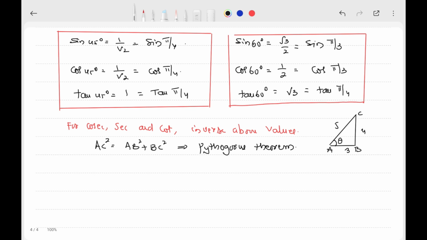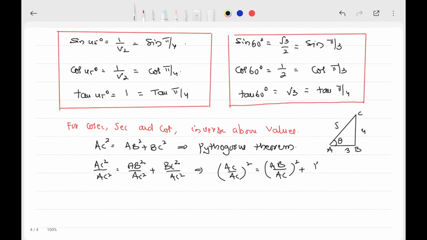Divide left hand side and right hand side by AC square. What happens? AC square by AC square is equal to AB square by AC square plus BC square by AC square. That implies AC by AC whole square is equal to AB by AC whole square plus BC by AC whole square.